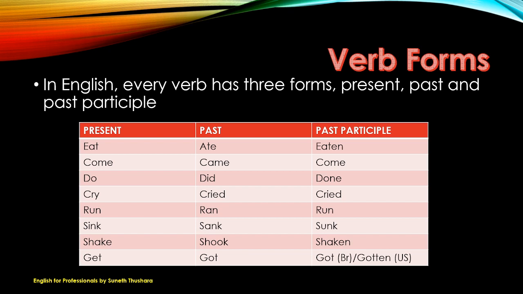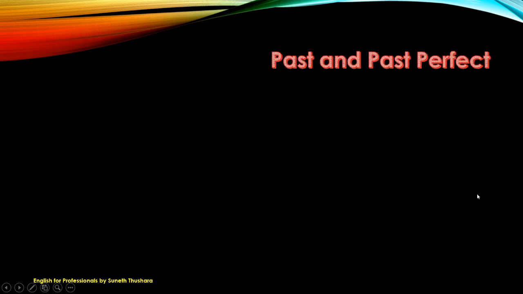In English, we have only three forms, and you cannot create them, you have to memorize them. If it is eat, you should know the past tense is ate, and the past participle is eaten. If it is run, you should know the past is ran and the past participle is run. With these three forms, we can develop the simple tenses and the perfect tenses.